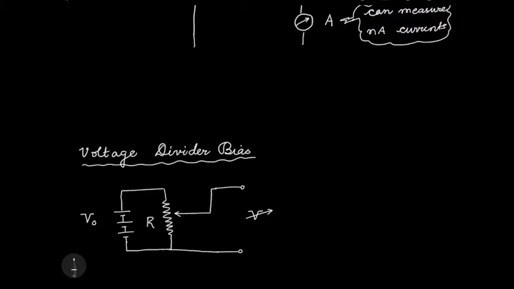The resistance is made up of a wire, and the resistance is proportional to the length of the wire. So here I get a resistance R1 and the rest is R2, such that R1 plus R2 is R.